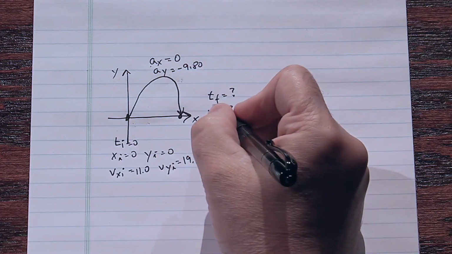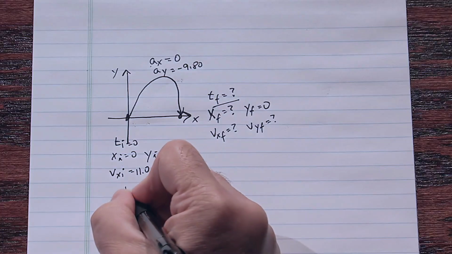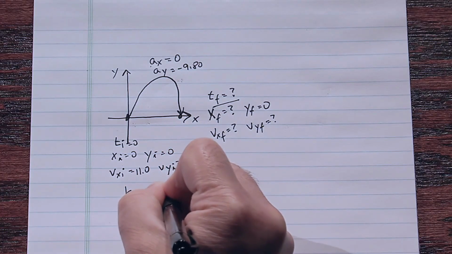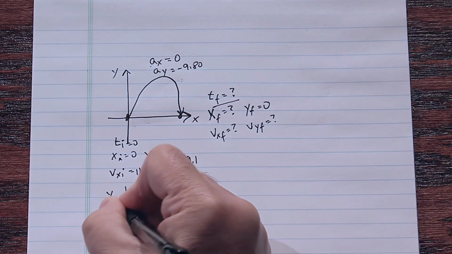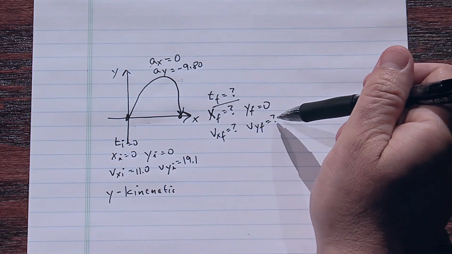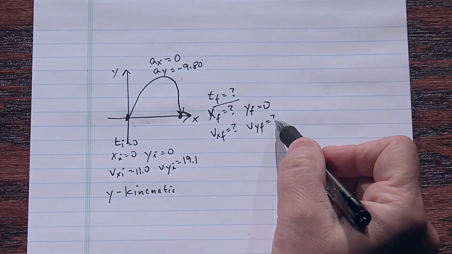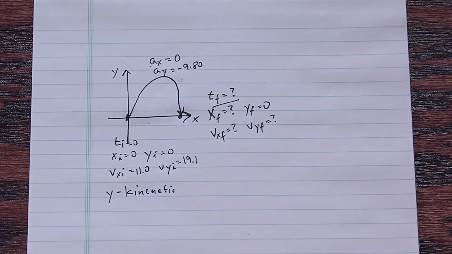What is t final? T final we can find from our y kinematic equation. So once again, this is a kinematic situation. And we'll start with y. And why do we start with y? Well, we know everything about y except Vy final and t final. So if we ignore Vy final, then we can find an equation relating y final to t final.